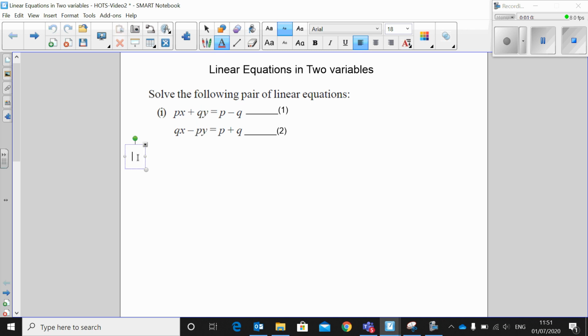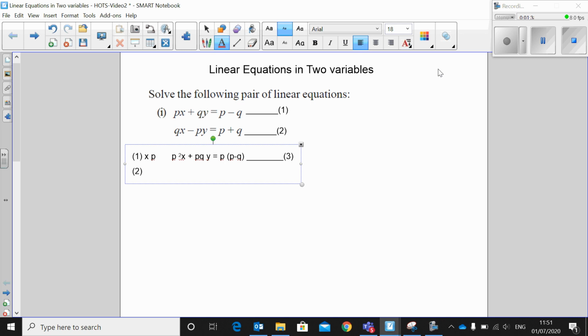So let us start first. Multiply equation 1 by p, which gives us p square x plus pqy, which is equal to p times p minus q. Let us give this as equation number 3.